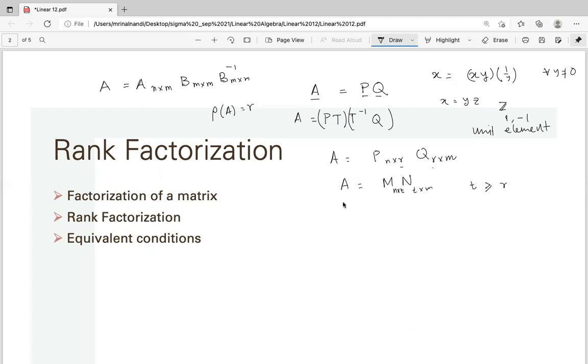So if rank of A is R, and if T is strictly less than R, then what happens?